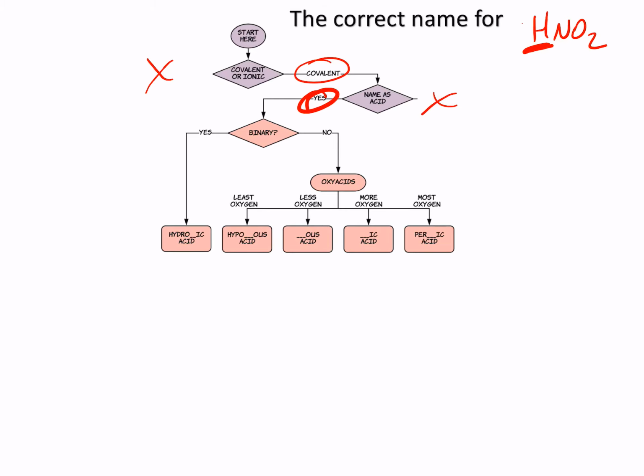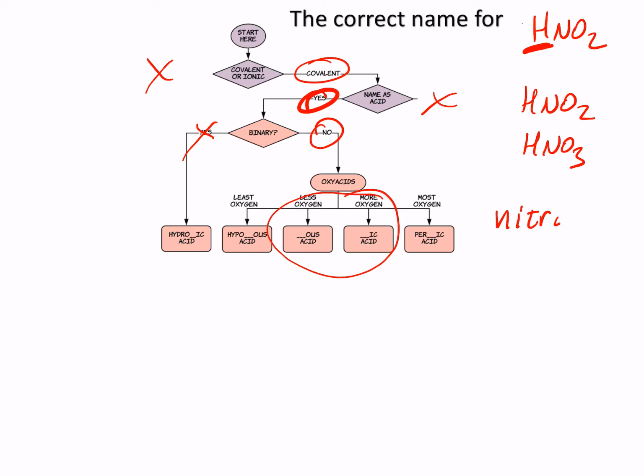Is this a binary acid? Well, no, it's not. It's an oxyacid, and it can be HNO2 or HNO3. That's the only possibilities for nitrogen acids. Therefore, we just focus on these two. So it is the one with the less oxygen, so that's nitrous. And because it's an acid, then you just add the termination acid. So the name of this is nitrous acid.